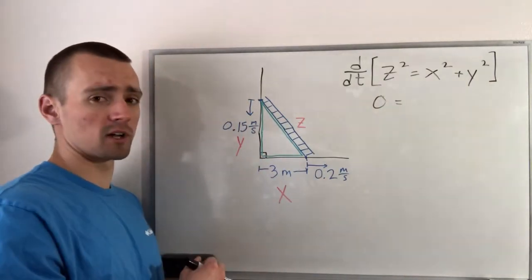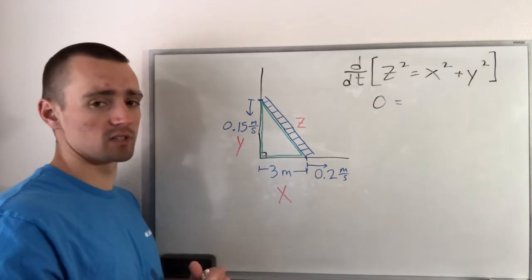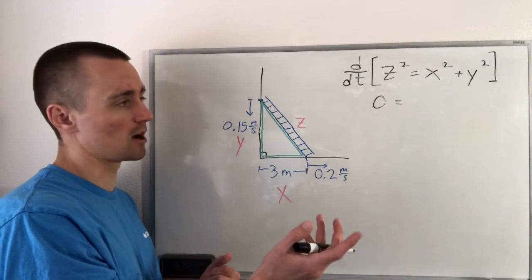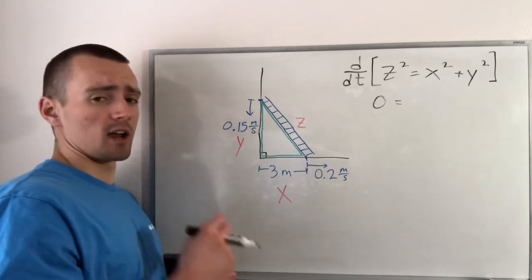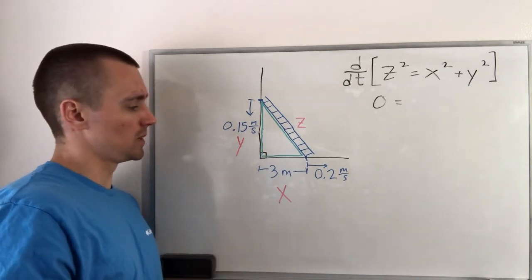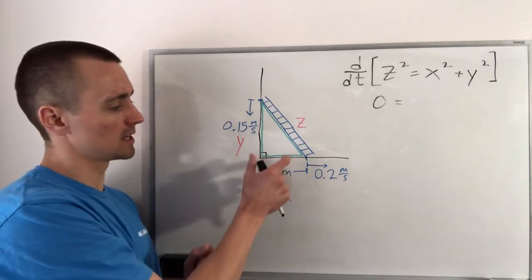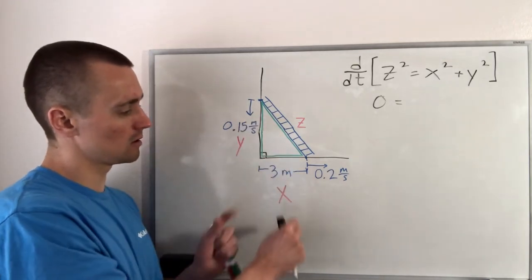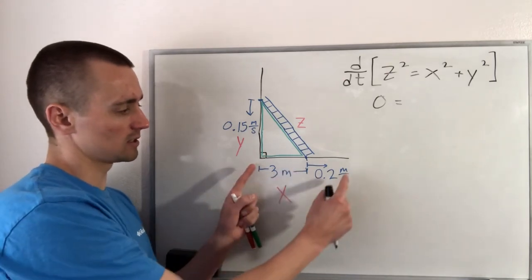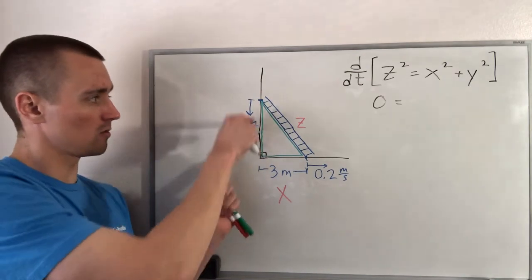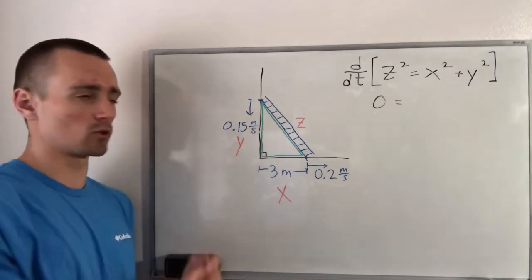So that helps make our equation a lot easier because now we don't have a z or a dz dt to worry about. We're only going to have x's and y's. However, x and y are not going to be as easy because y and x are both changing over time, right? As the ladder slides away from the wall, x is going to increase, and at the same time the ladder is sliding down the wall, which will make y decrease or shrink.